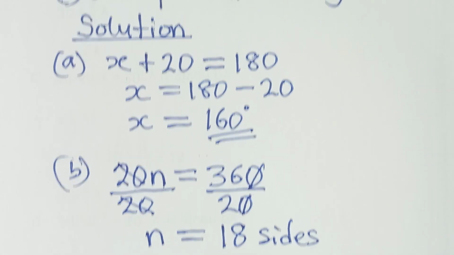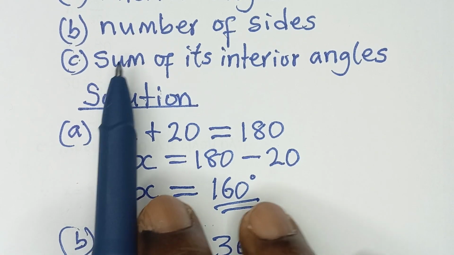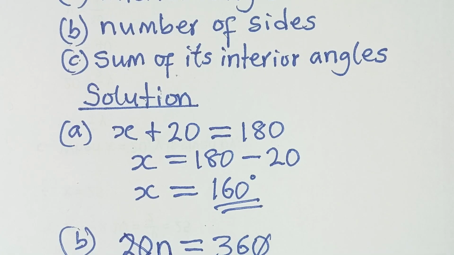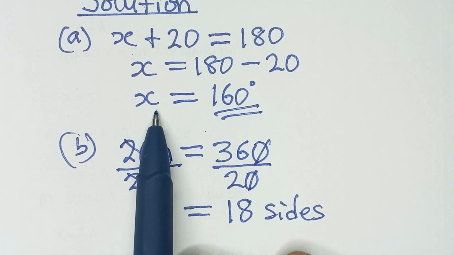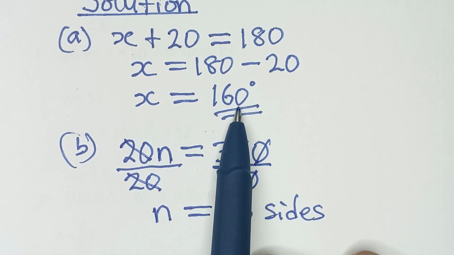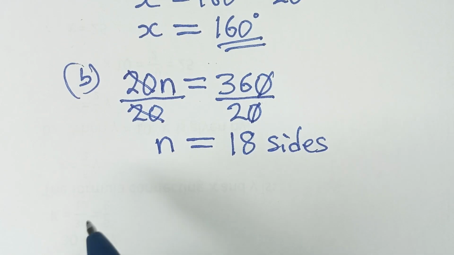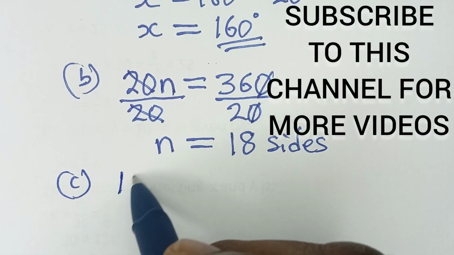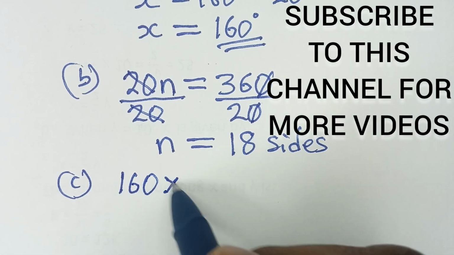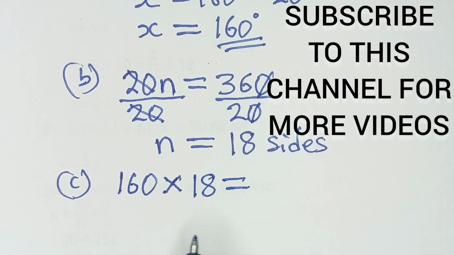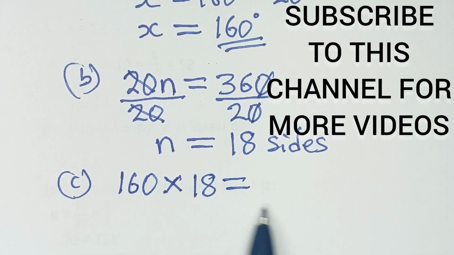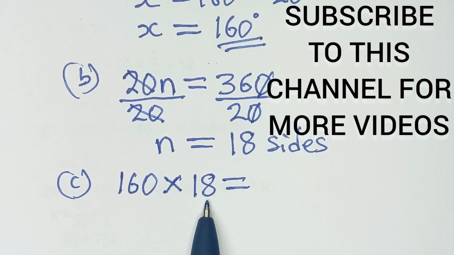Now, finally, the last question, which is question C, says find the sum of its interior angles. So don't forget that from A, each interior angle is 160 as obtained in A. So each interior angle, which is 160, multiplied by the number of sides, will give us the total sum of the interior angles of the polygon. The polygon has 18 sides and each interior angle is 160.